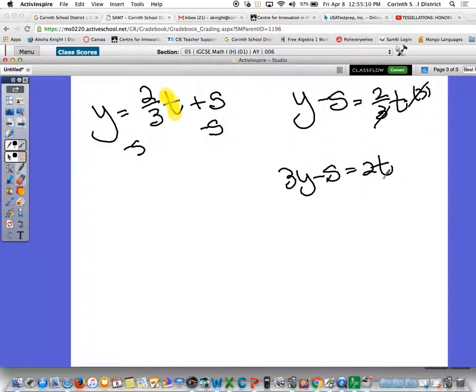I'm asking when I multiplied by 3, is that the correct answer? No. I've got to multiply everything by 3. So that needs to be 3y and negative 3s.